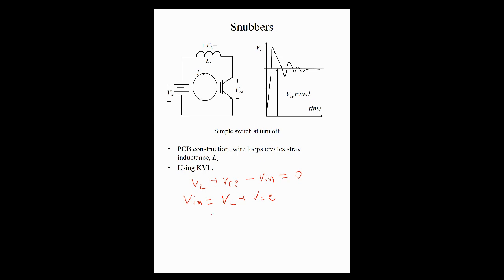All right, now what is the voltage drop? How can we express the voltage drop across the inductor in terms of its inductance?